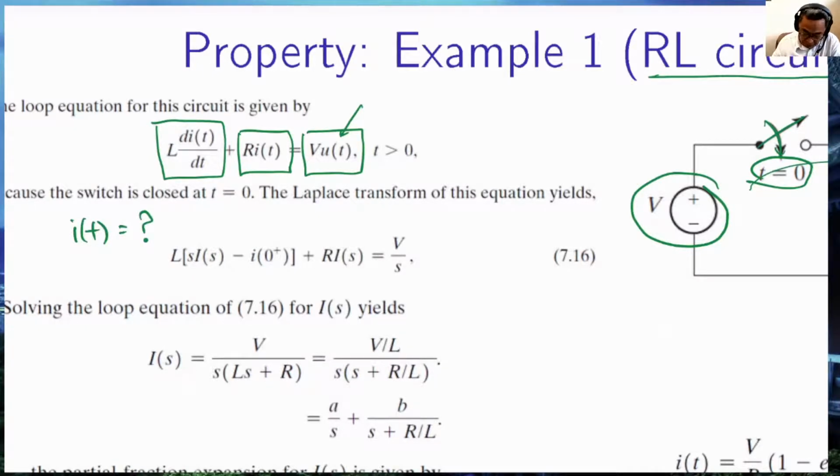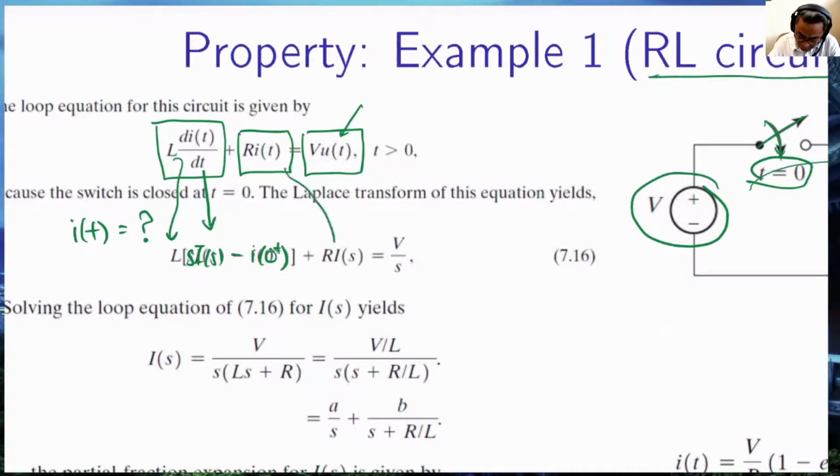Now, very quickly you realize that we apply the differentiation property. di/dt is s I(s) minus i(0). Sometimes we don't use the plus because it's understood whether it's plus or minus. Now, what about L? L is a constant here, so L drops out outside.